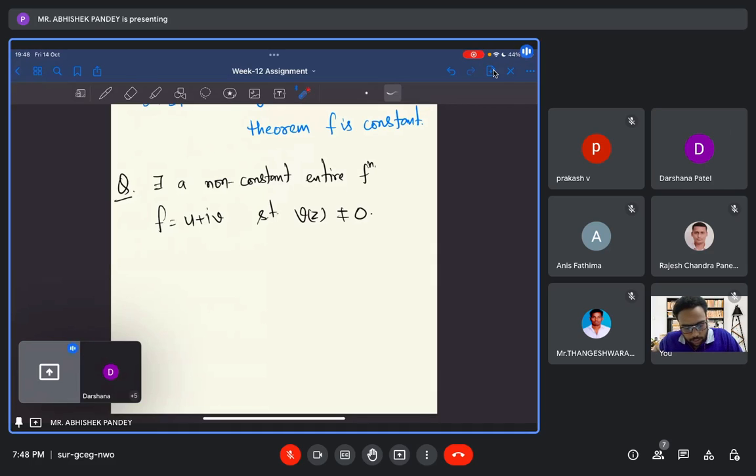So it is asking whether there exists a non-constant entire function such that v(z) is always non-zero. So you collect all those points. What kind of points will it omit? Can f have points of the form x plus i0 belonging to f(C)? Is it possible?